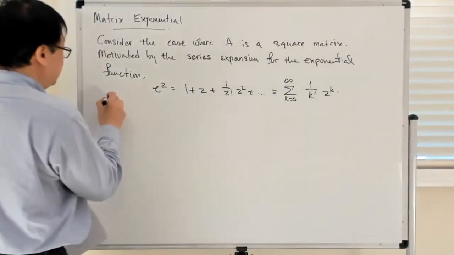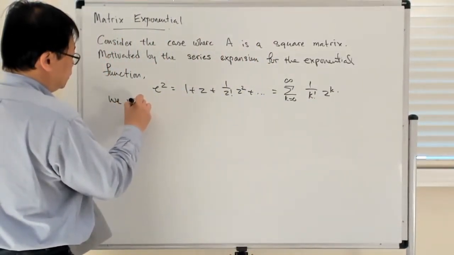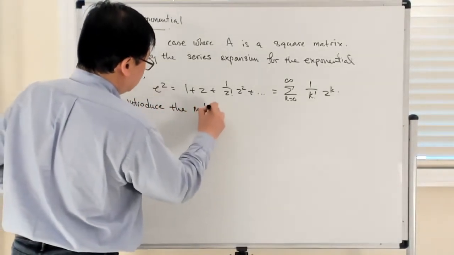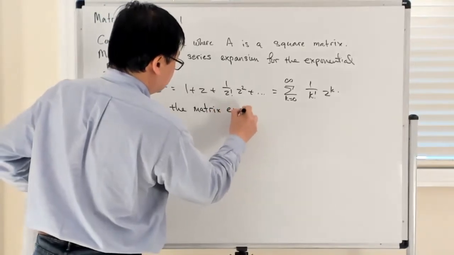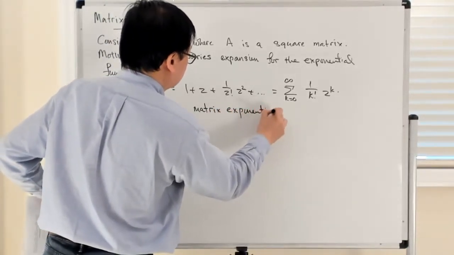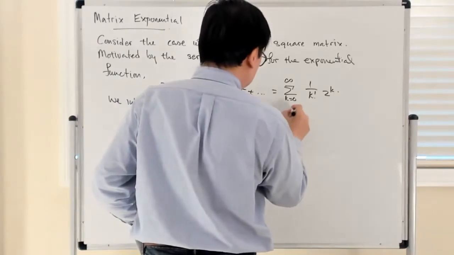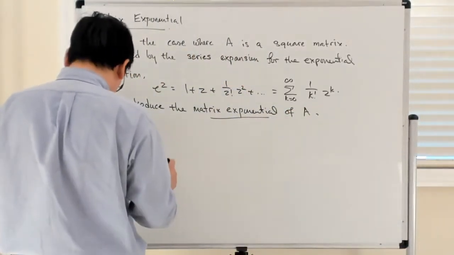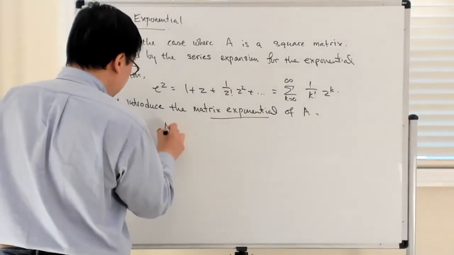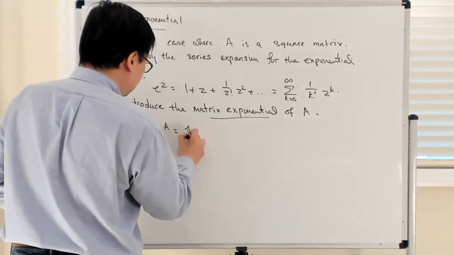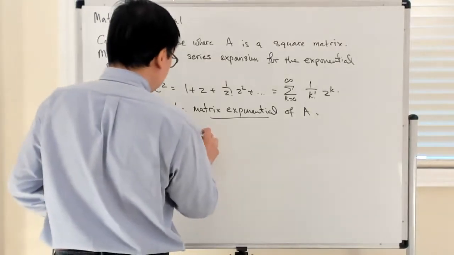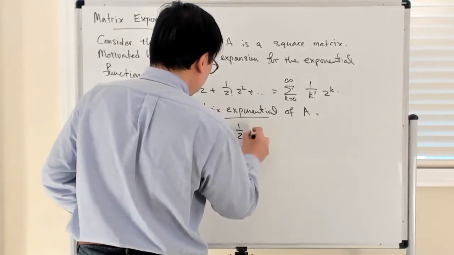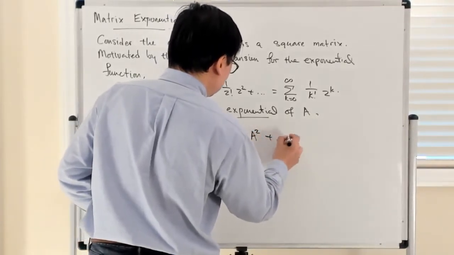We introduce the matrix exponential of this matrix A. So we're going to define this to be e to the A is the identity matrix plus A plus 1/2 A squared, and so on.